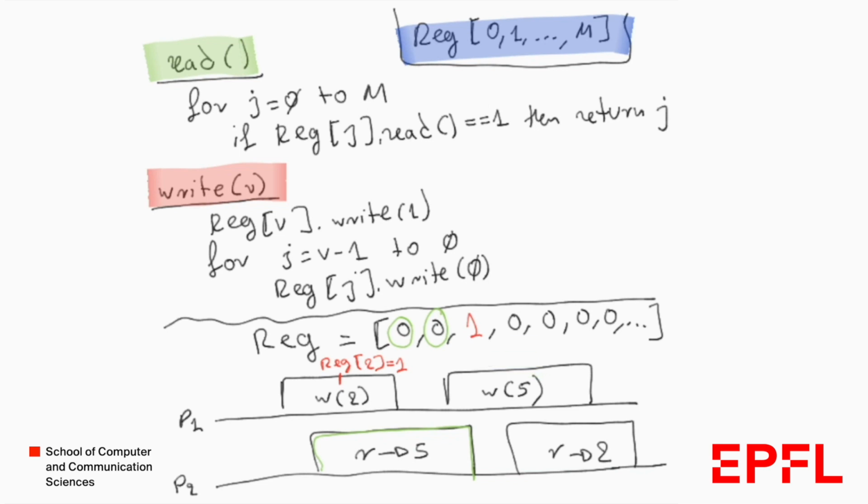And let's say then process P2 continues, it reads 0, and then it reads 0 again, and then it pauses.